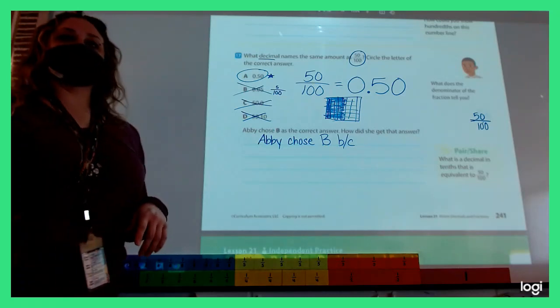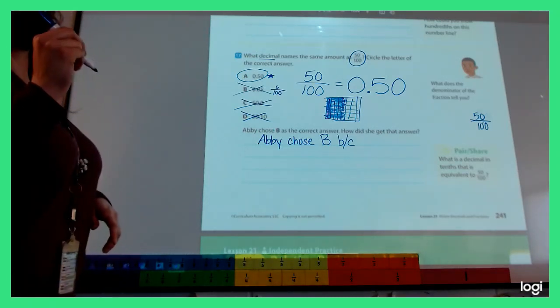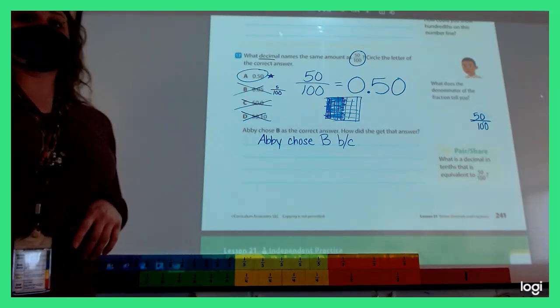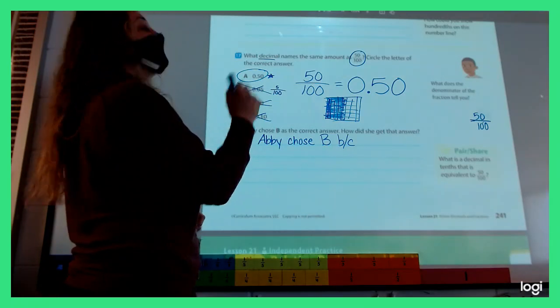I should see pencils moving. Some of you are getting lazy. Pencils moving. Let's go, guys. I'm still not seeing pencils in our hands writing. Yes? I said I chose B because. Okay.